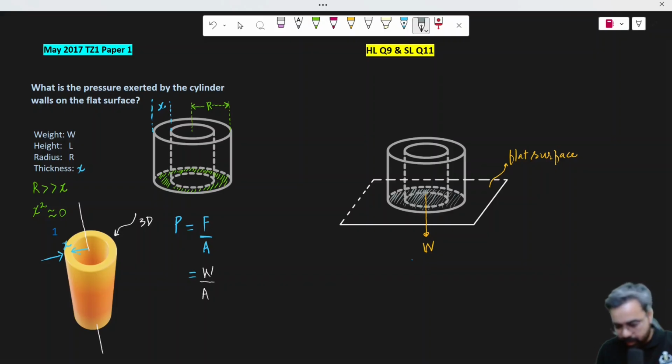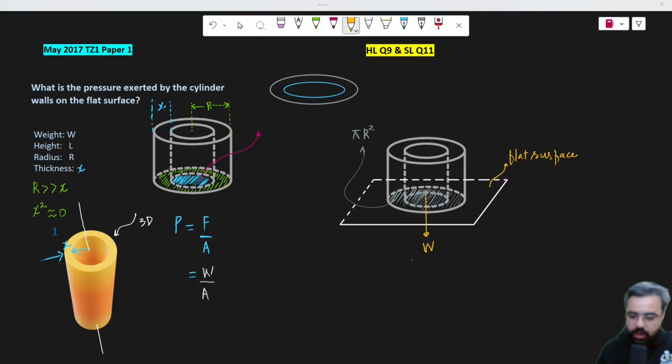Don't you think it should be pi r square? And if we find the area of this hollow part, we must first know the radius of this hollow part.